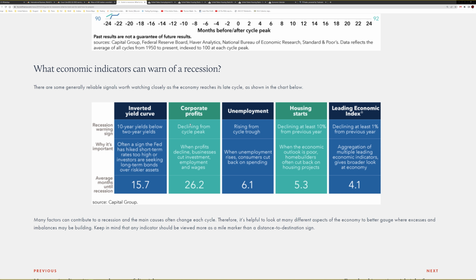Corporate profits. This week's earnings and last week's financial earnings are very important for big investors and for corporations to show profits. In the last earnings season, we had an outlook for this quarter of slowly decreasing profits.